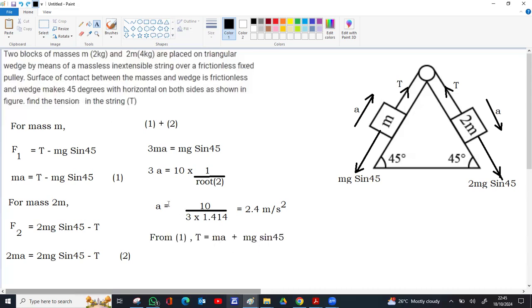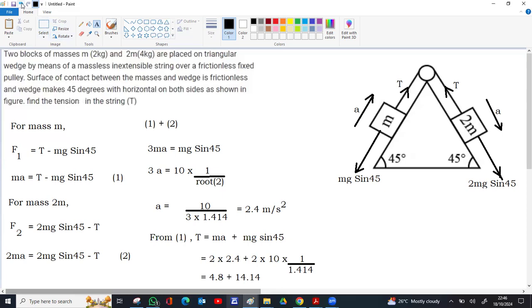Now m is 2 kg, a is 2.4. So 2 into 2.4 plus m is 2, g is approximately 10, sin 45 is 1 by root 2. So 2 into 2.4 will be 4.8, and 20 by root 2, with root 2 being 1.414, will be 14.14.